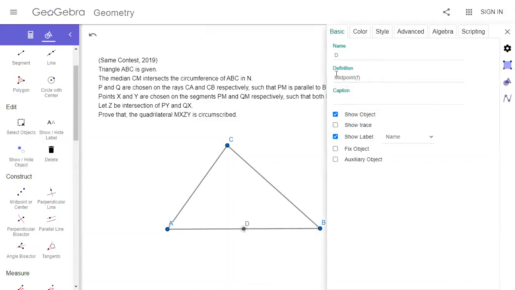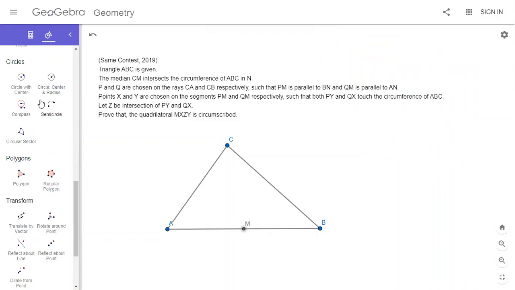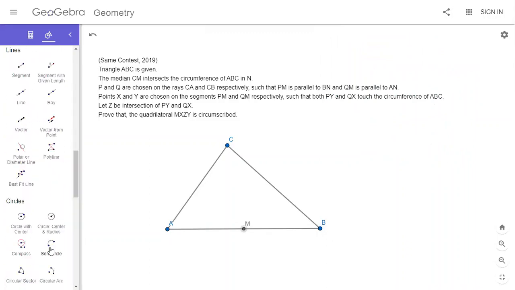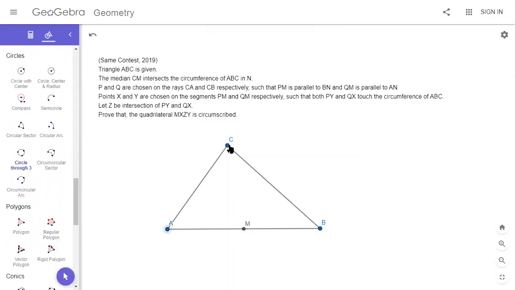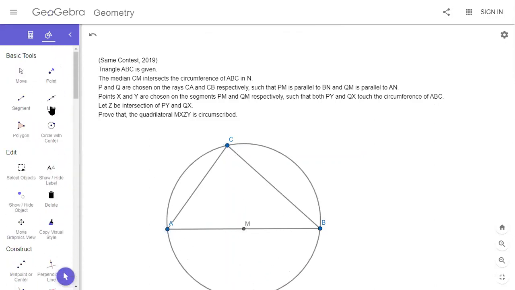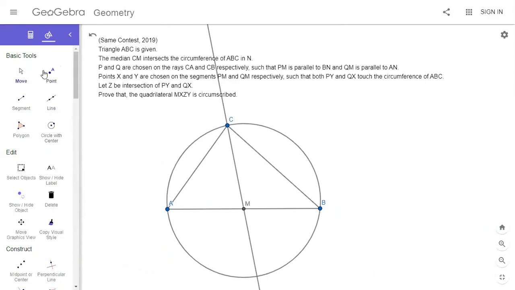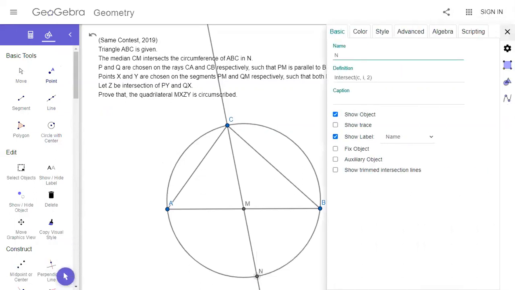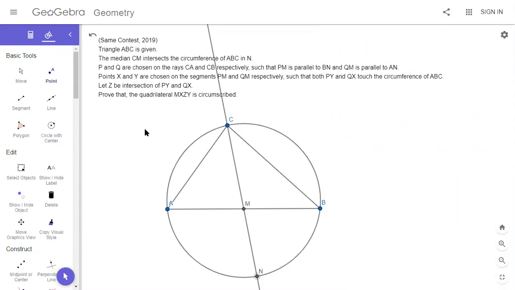It intersects this circumcircle at N. Where's my... and P and Q are on CA and CB, such that PM is parallel to BN.